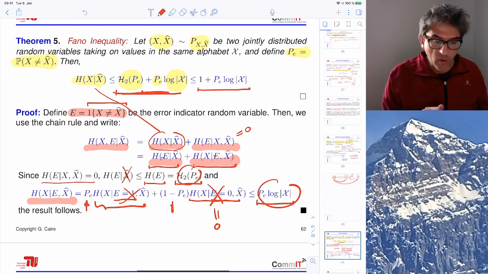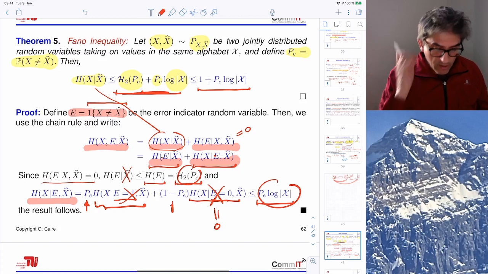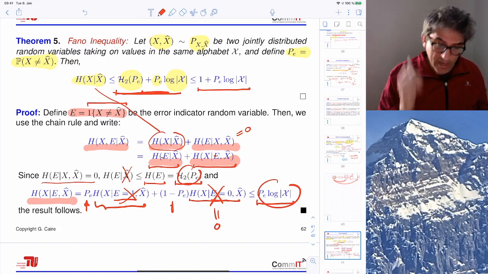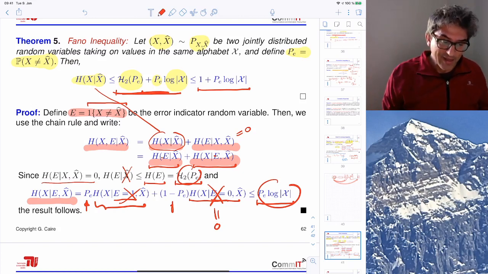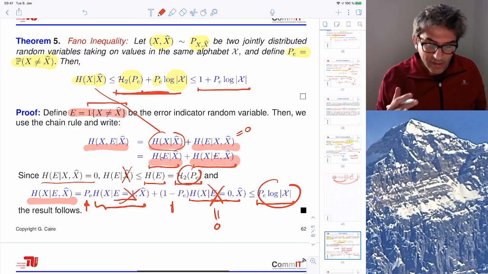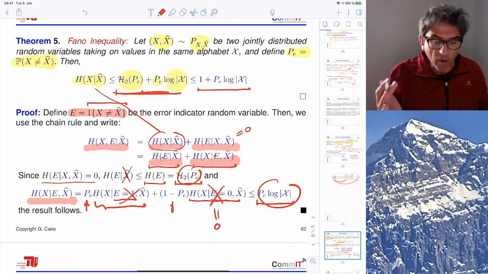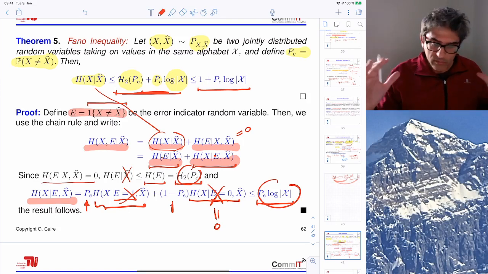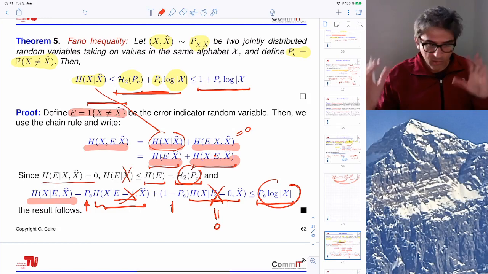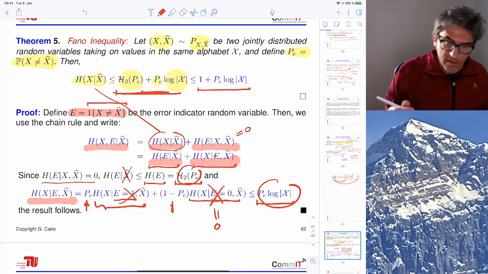Why Fano's inequality is important, we will see pretty later in the course. We want to somehow lower bound the probability of error of any hypothetical decision-making system.